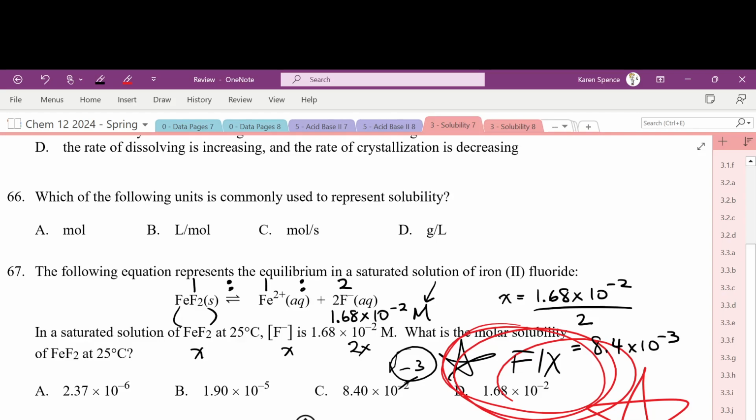If you add permanganate, it's to the left. Add silver, it's to the left. If you add iodine, precipitate with silver, that will decrease the silver and we'll shift it to the right.